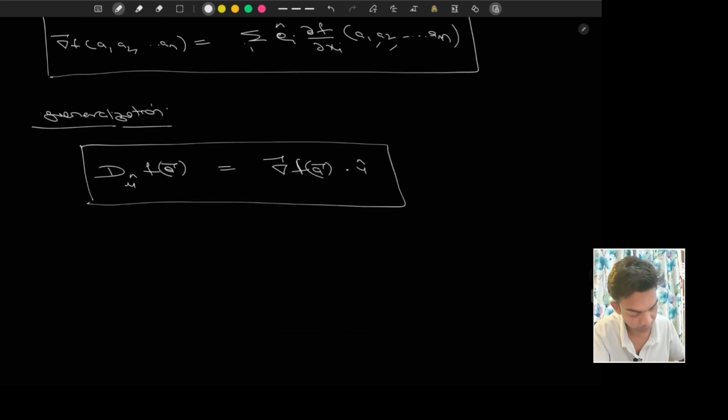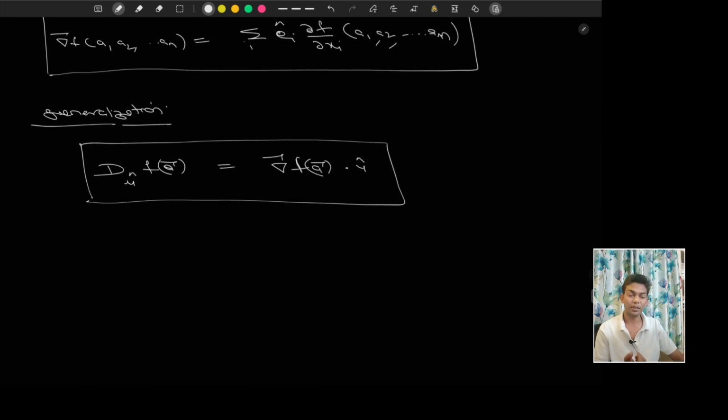That's the generalization. It simply gives you the rate of change of my function f in n dimensions if I move in the u direction starting from point a.